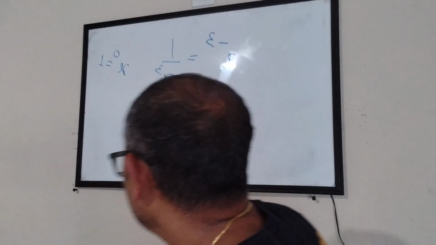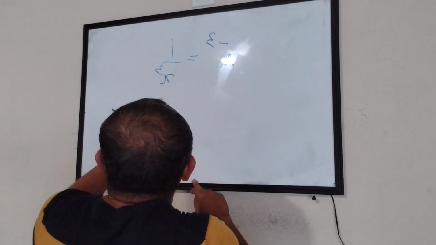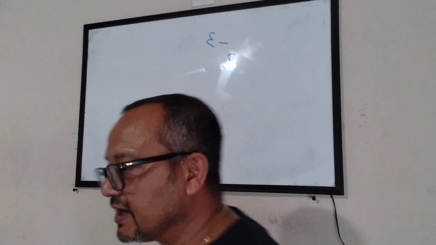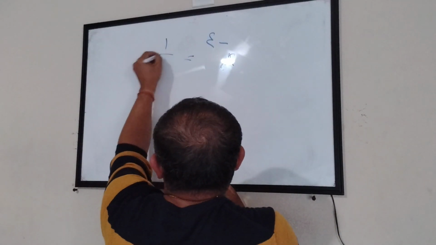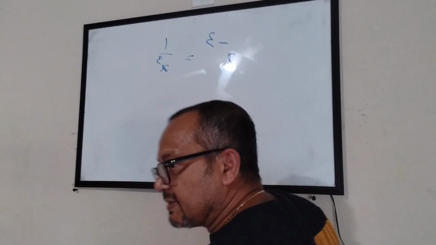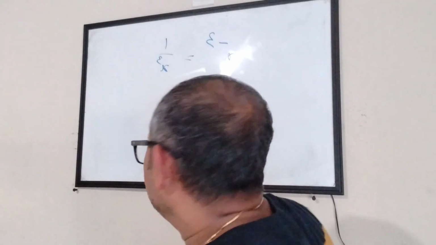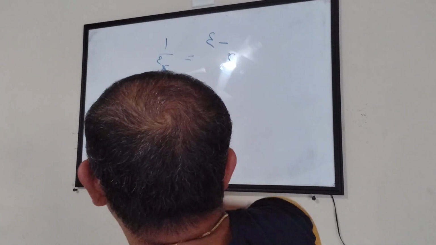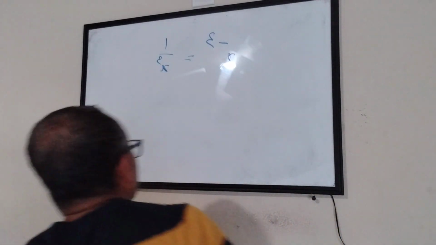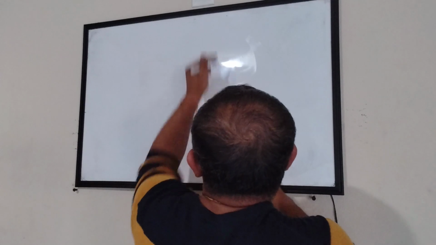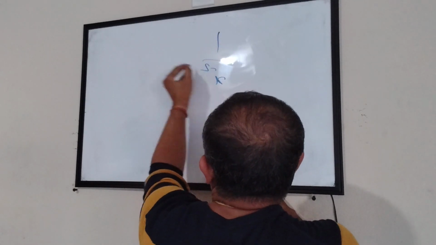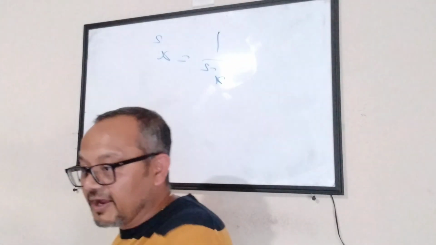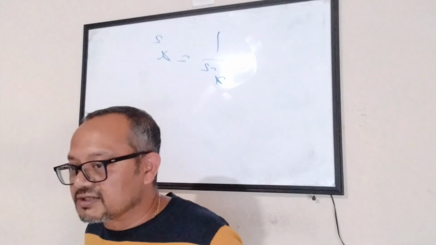If I have x to the power minus 3, everybody agrees that its value will be 1 by x to the power 3. Or if I have 1 by x to the power minus 2, this will be equal to x to the power 2. All this looks fine if you want to memorize this.